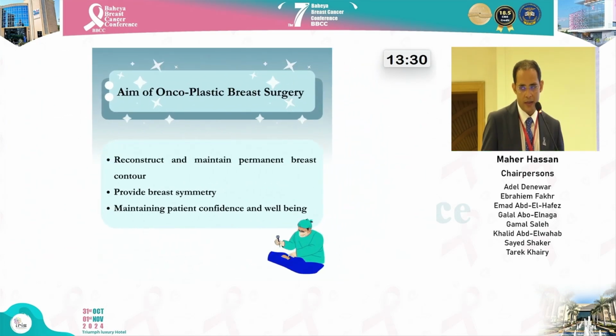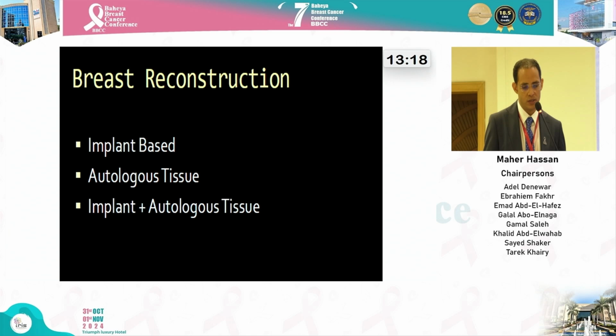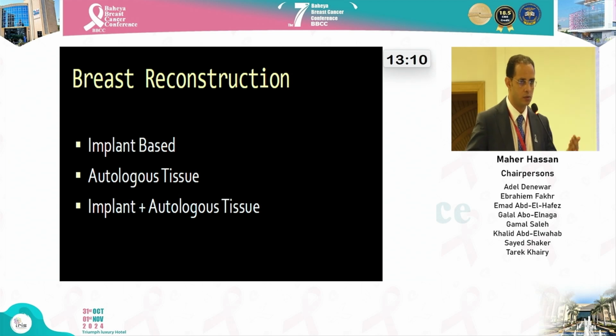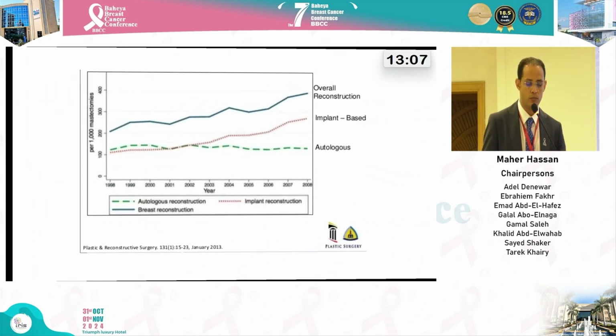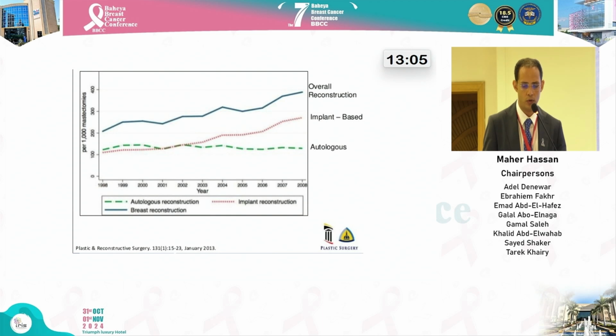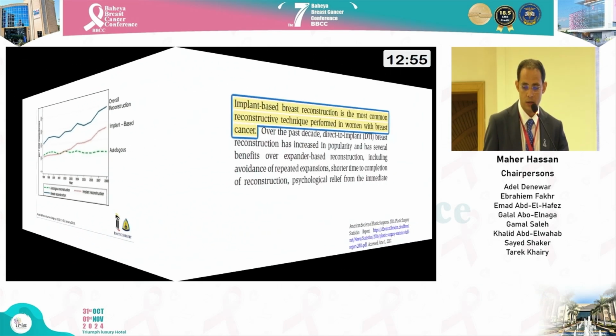As we know, the aim of oncoplastic breast surgery is to reconstruct and maintain permanent breast contour, provide breast symmetry, and maintain patient confidence and well-being. So breast reconstruction has many techniques to go with, either implant-based reconstruction or autologous reconstruction, or implant plus autologous reconstruction, with the overall reconstructive rate getting higher, and implant-based reconstruction taking the upper hand over autologous reconstruction.